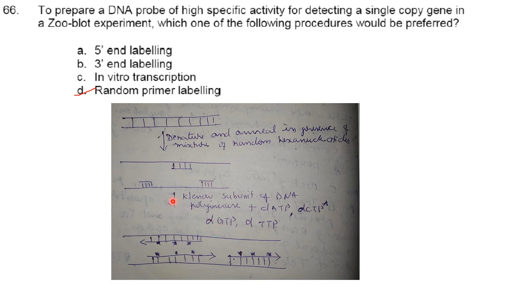So these are added after denaturation and annealing in the presence of random hexanucleotides. Klenow subunit and the various dNTPs are added, and one of the dNTPs is radiolabeled. So what will happen? The random primers can then be extended using DNA polymerase, that is the Klenow subunit, incorporating the labeled nucleotides. So that is how random primer labeling can be used to prepare DNA probes.